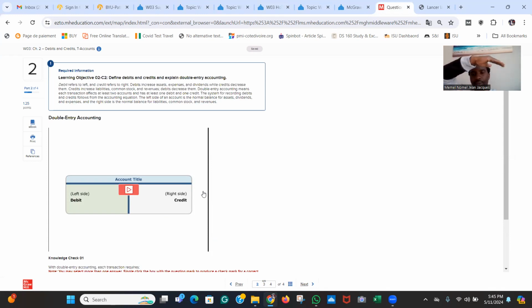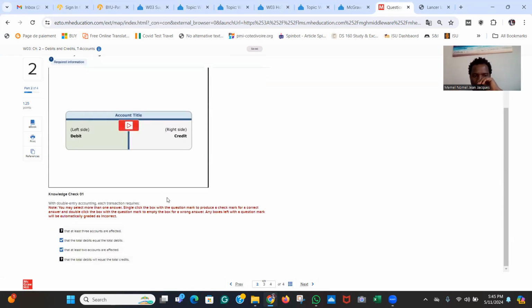We have the left and the right side, one on the debit and one on the credit. So for this assignment, the total debit equals the total credit, and at least two accounts are affected.